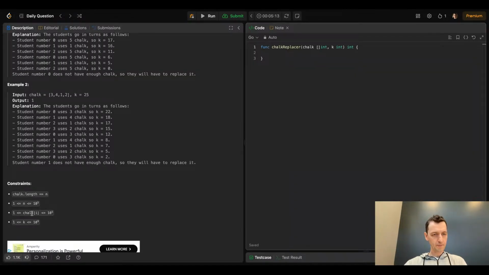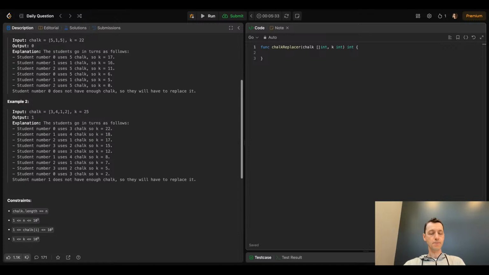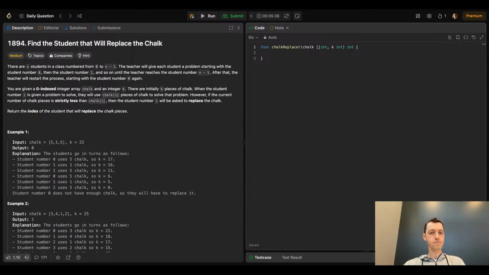The chalk values could be from 1 up to 10 to the 5, and k is from 1 to 10 to the 9. It sounds like a simulation approach, which would be easy and straightforward here.